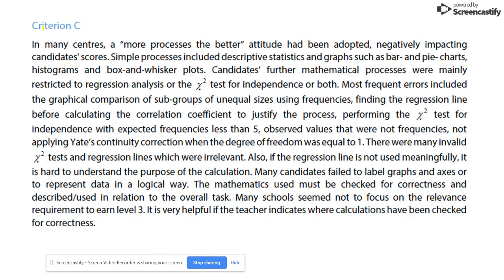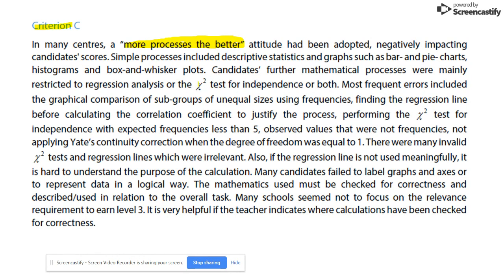The big thing is criterion C. A lot of you are thinking more processes, the better. And that's something that we try to hit hard on, is saying not more the better. It's the quality. The purpose behind the calculations is more important than just having more.